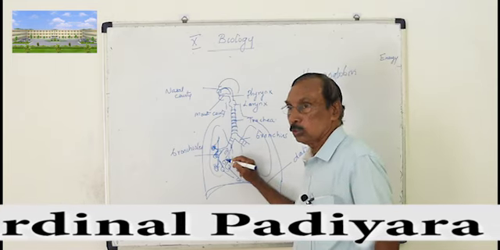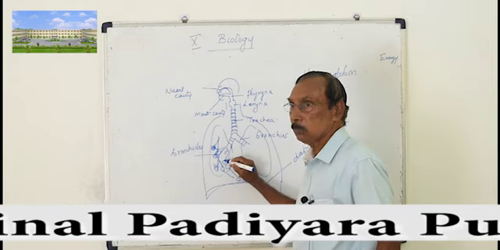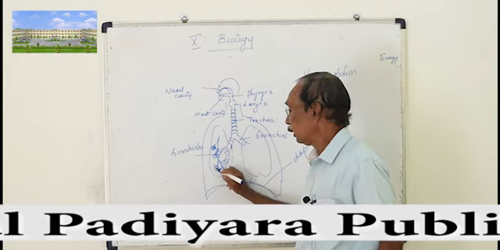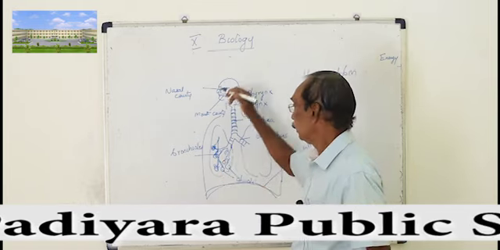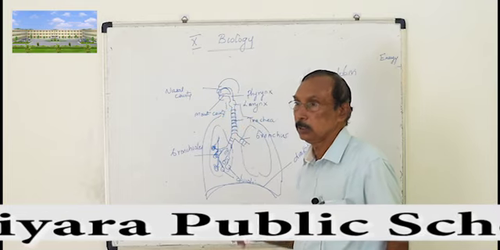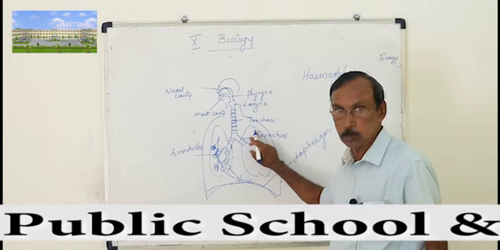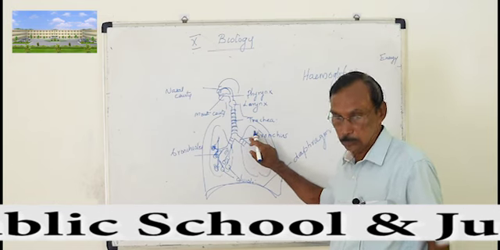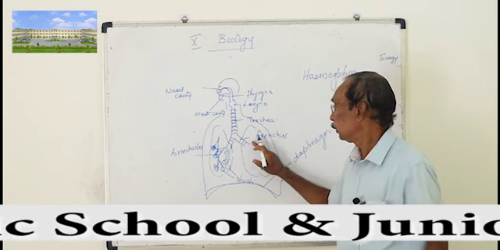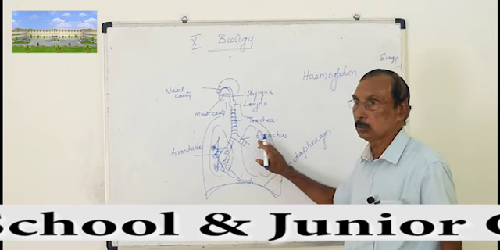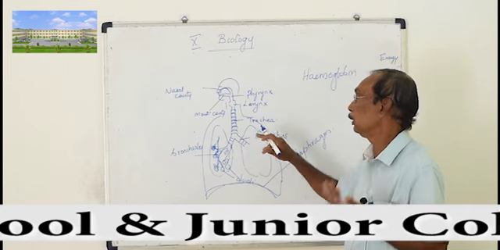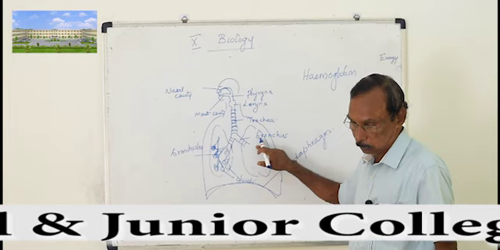The air contains oxygen. The oxygen will combine with the hemoglobin in the blood, and when the blood goes back, it will be distributed to all parts of the body. So this is how respiration takes place in a human being, breathing in and breathing out.